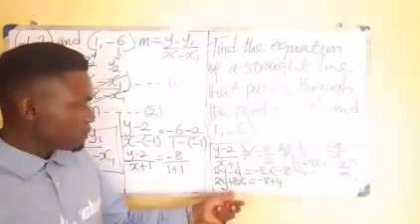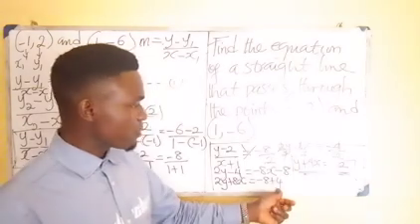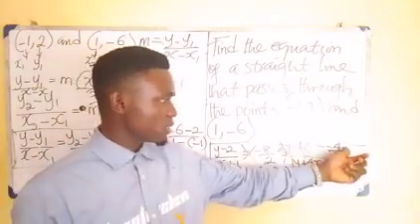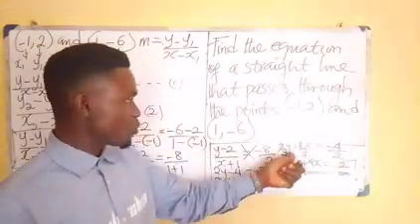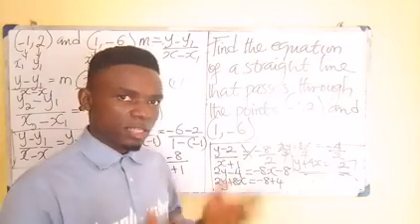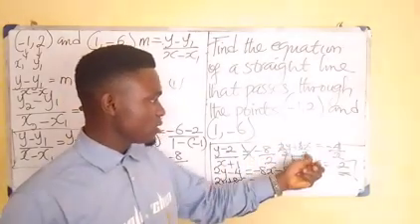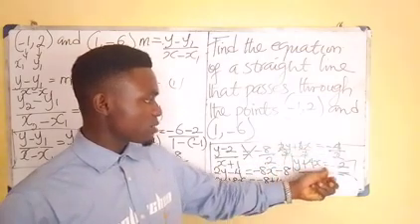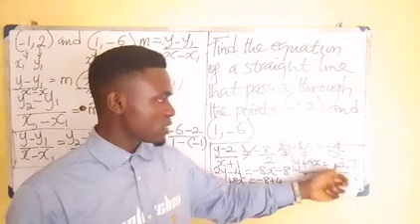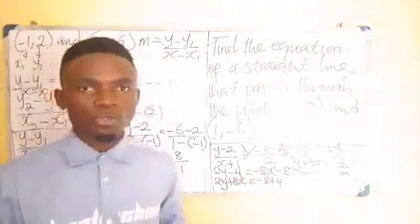So I have 2y plus 8x equal to minus 8 plus 4, which is minus 4. Because there is a number that can divide all of these, I'll divide through by 2. So y plus 4x equal to minus 2. The final answer is y plus 4x equals minus 2.